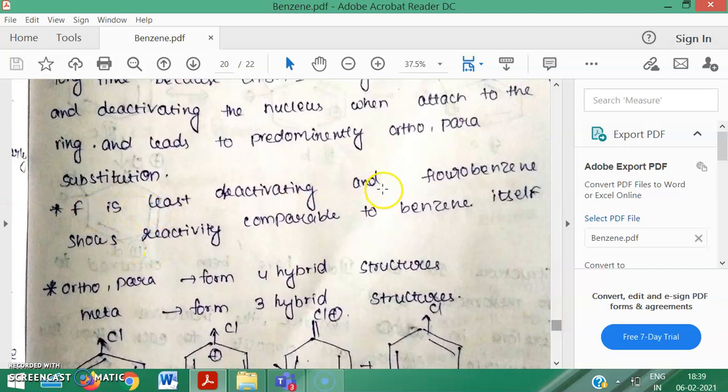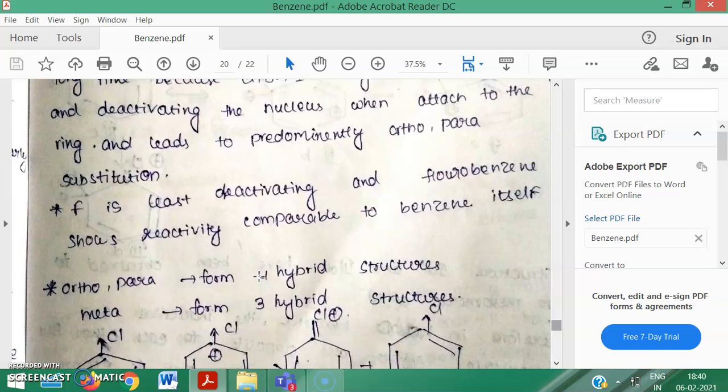Fluorine is least deactivating, and fluorobenzene shows reactivity comparable to benzene itself. Ortho-para attack forms 4 hybrid structures, whereas meta forms 3 hybrid structures. With the same logic as activating groups, the number of stable hybrid structures formed in the ortho-para attack is 4, even though a deactivating group like chlorine, bromine, or fluorine is there.